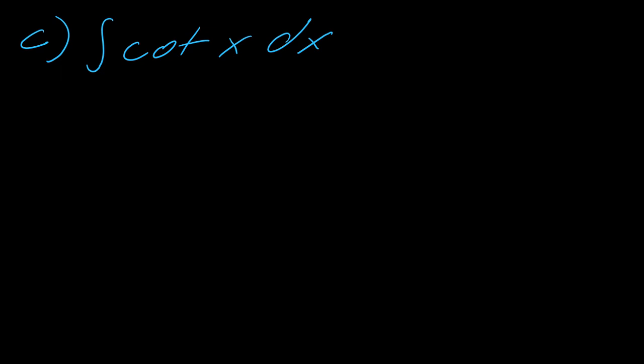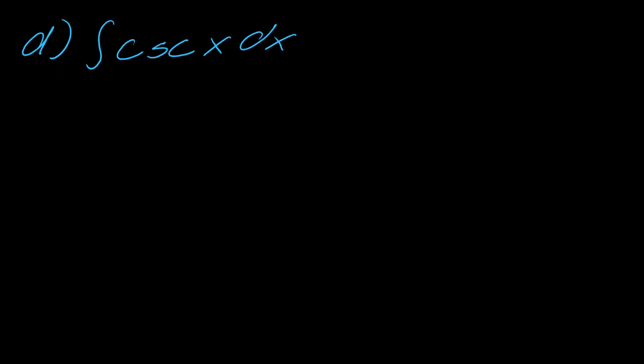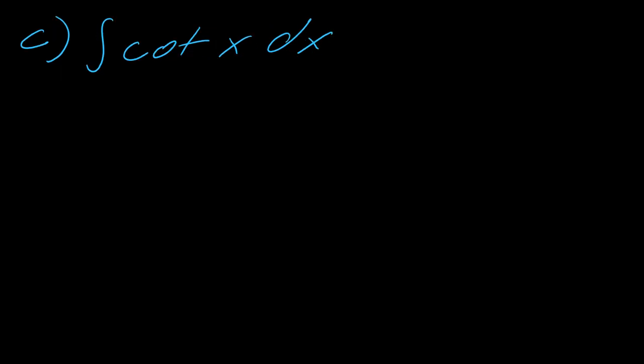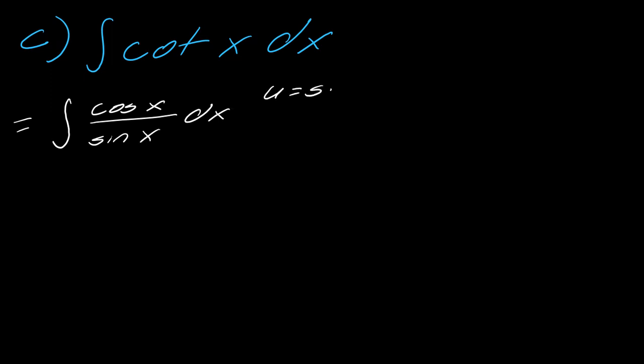Okay, so now I have cotangent x and I have cosecant x, and these are almost identical kind of strategies. So instead of having sine over cosine, this will be cosine of x over sine of x, and it's still the same idea. So my u will be sine of x and my du will be cosine of x dx.